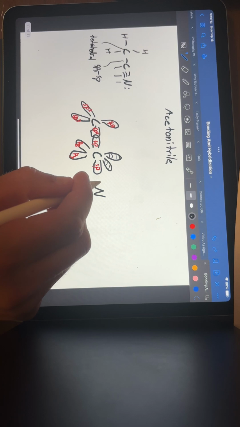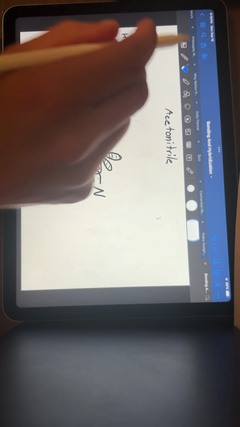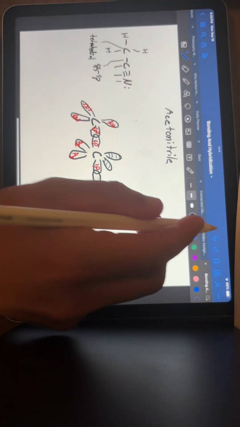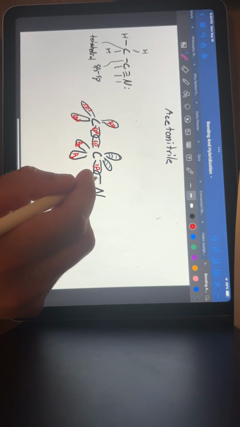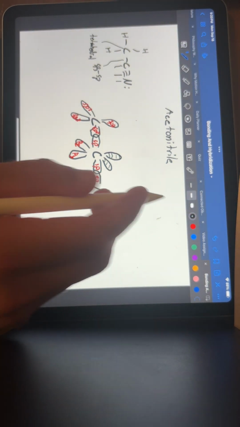Then we have the other sp orbital on the nitrogen. There's going to be one here as well.